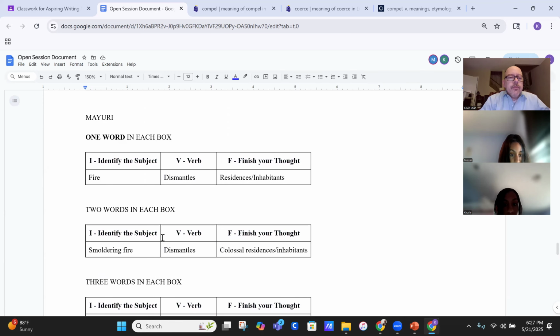Okay, and then Mayuri, for your verb for the second box, you want to come up with another word here. So maybe an adverb. So you're going to answer the question how or when or why or where. Okay, I'm done.